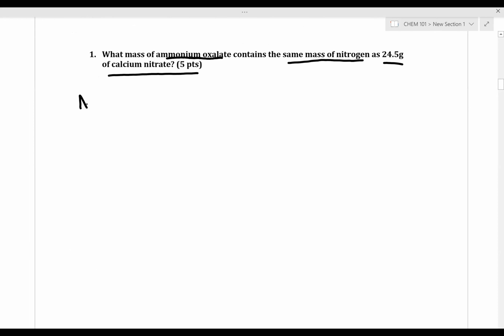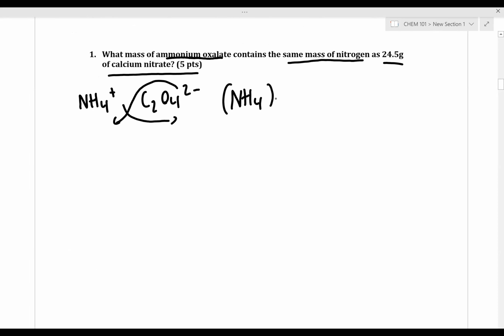For ammonium oxalate, we have ammonium, which is NH4+, and oxalate, which is C2O4 2-. If we cross our charges, that gives us (NH4)2C2O4. So that's ammonium oxalate. Calcium nitrate: we have calcium, and what's the typical charge of calcium?